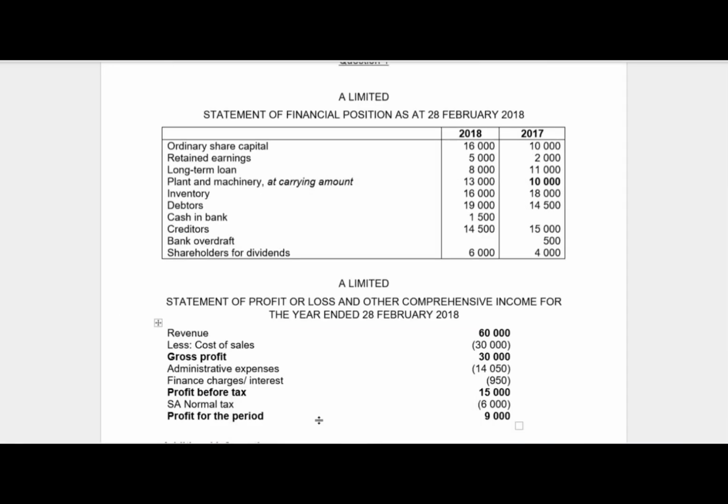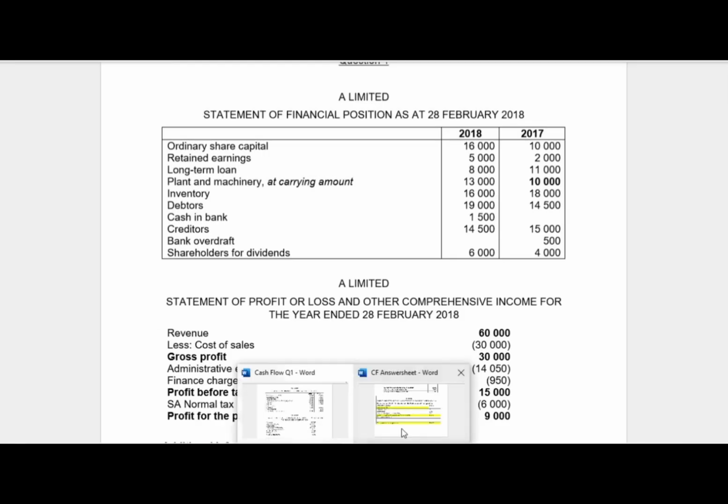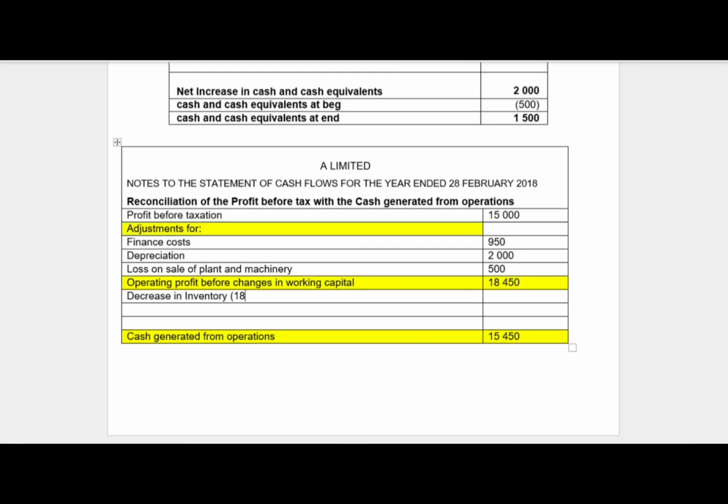The difference there is 2,000, right? Okay, and then it's an inflow because it means we sold more inventory. Therefore, an increase in inventory is an outflow. But this one is an inflow of 2,000 rand. All right, then we are done with this one, and then we go and check our debtors.